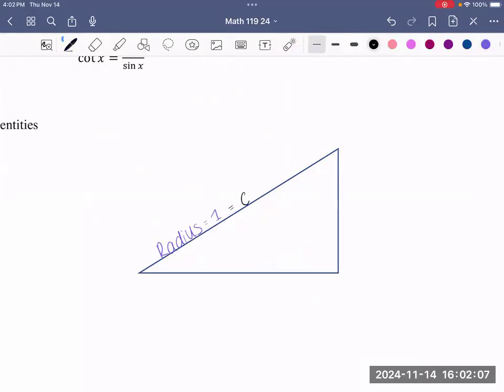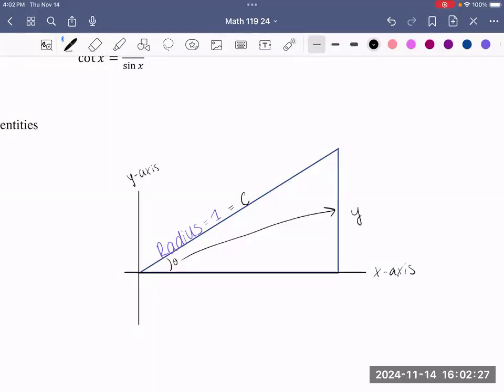And again, if we are on your unit circle on a coordinate plane, we have your x-axis, your y-axis, and if this is some sort of theta, well, opposite is just going to be your y value.